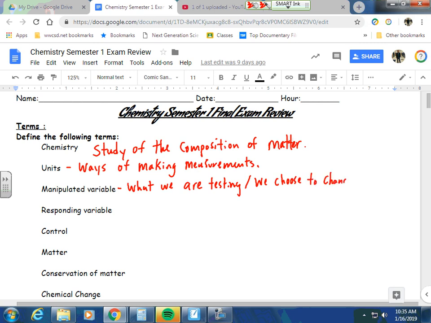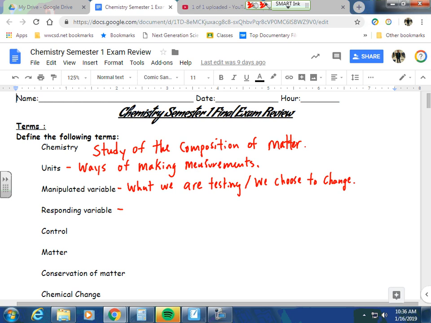So it's something that we're changing. And in an experiment, we want to keep everything the same except for the one thing that we are trying to test. I gave an example in class of my route to school, which is the fastest way to get to school in the morning. I have a couple different options I can take, and the thing that I'm changing is the route.